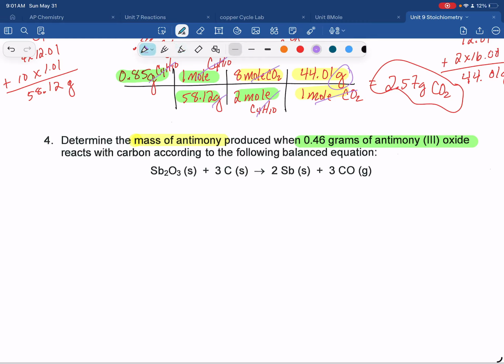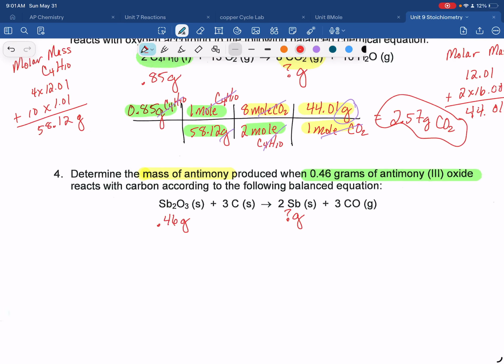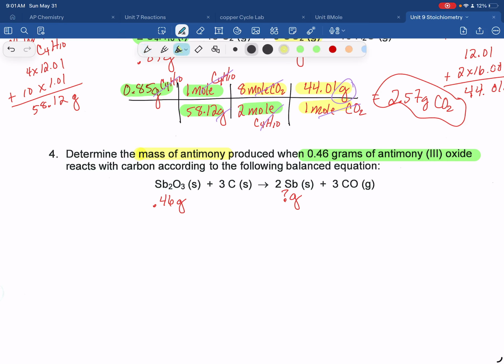Okay, so let's write it up underneath our chemical reaction. 0.46 grams. So that's our starting number. And here's what we're looking for. So this is where we're going to end up, and this is where we're starting.